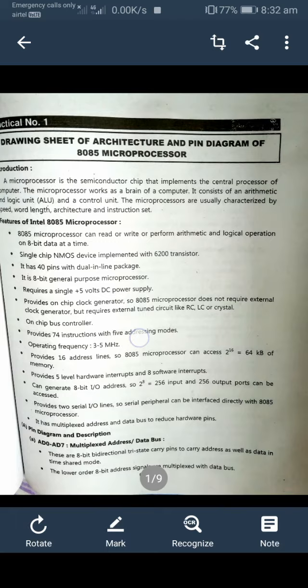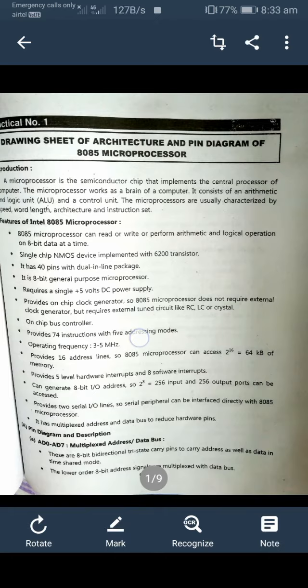It provides 16 address lines so that the 8085 microprocessor can access 2 raised to power 16, that is equal to 64 kilobytes of memory. It provides 5 level hardware interrupts and 8 software interrupts. It can generate an 8-bit input output address, so 2 raised to power 8, that is equal to 256 input and 256 output ports can be accessed.